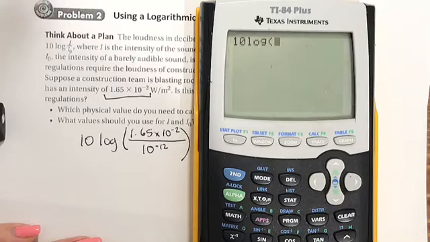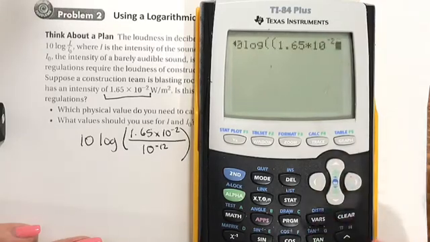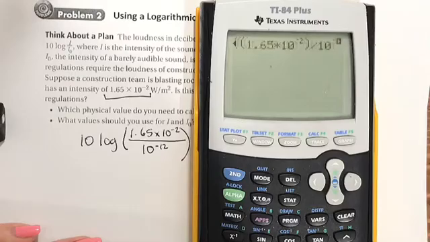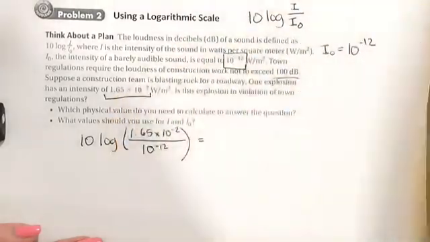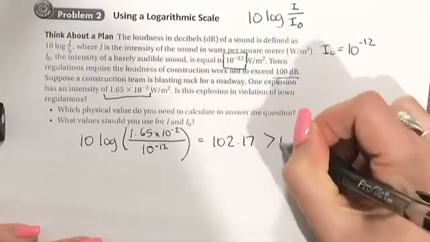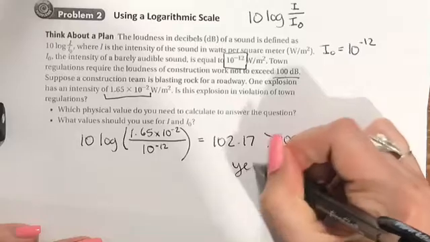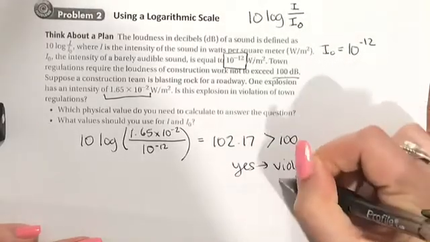So 10 times log of 1.65 times 10 to the power of negative 2, and that whole thing divided by 10 to the power of negative 12. And we get 102, which means it's just barely above the regulation. So since that was greater than 100, then yes, it violates the regulations.